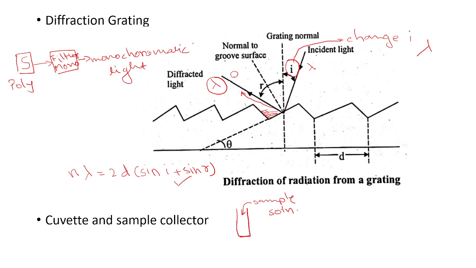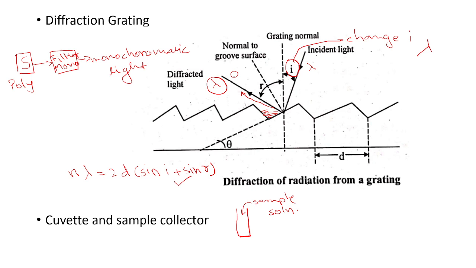Now there are some requirements which should be followed in regard to this cuvette. The cell holding the sample or solution should be transparent. This cuvette is also called a cell. It should be transparent to the wavelength region under study. Suppose you are using the visible region, then glass cuvettes will be sufficient.